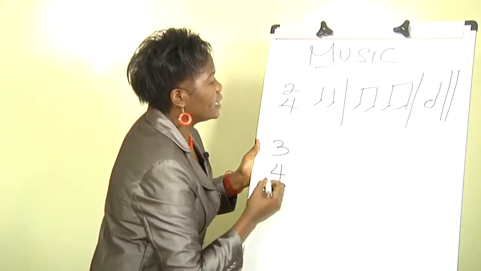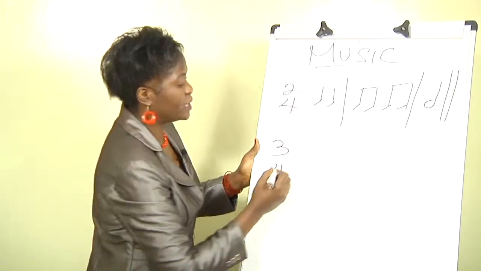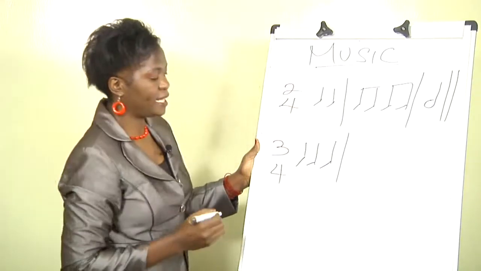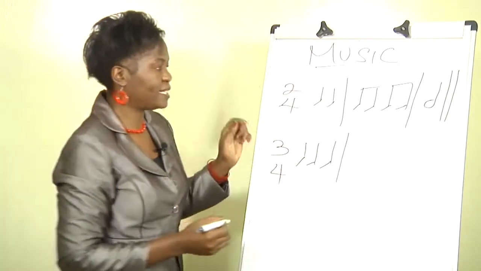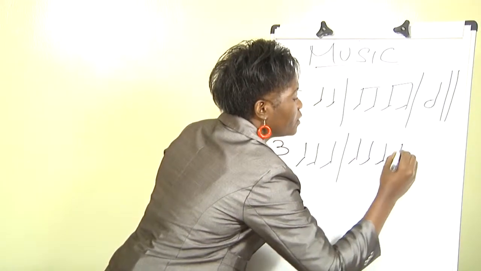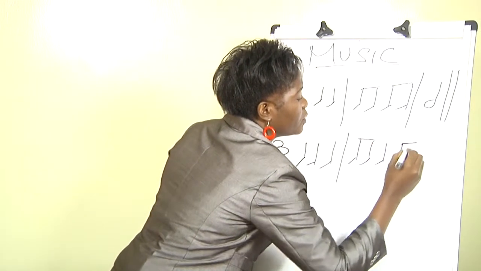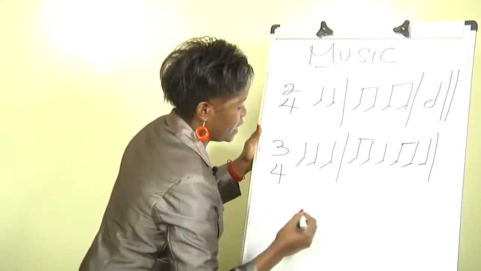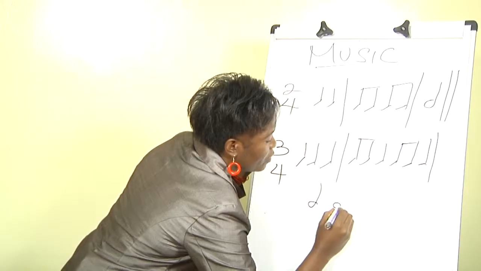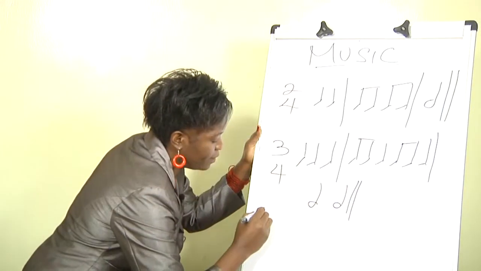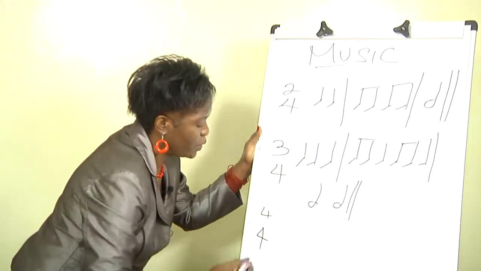The next one will be in 3/4 time, and this one will get 3 crotchets first, then we'll have that, and finish up with that. And lastly, 4/4.